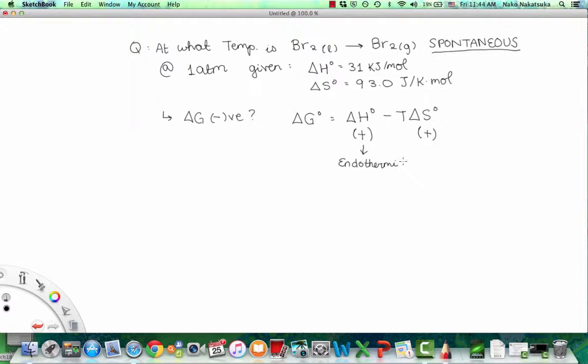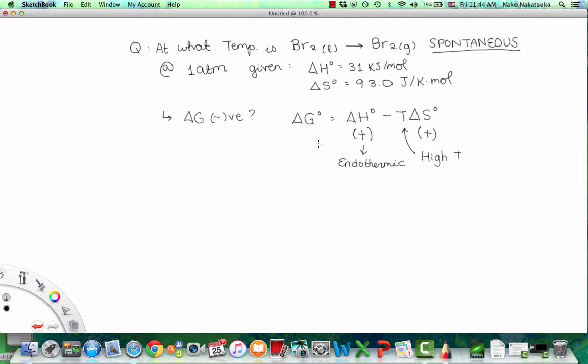If it was negative, it would be exothermic. So this does not favor the forward process. But since delta S is positive, the reaction does favor the forward process. So this means, going back to the table that we looked at before, that this reaction will be favored when the temperature is high. So favored at high temperatures.